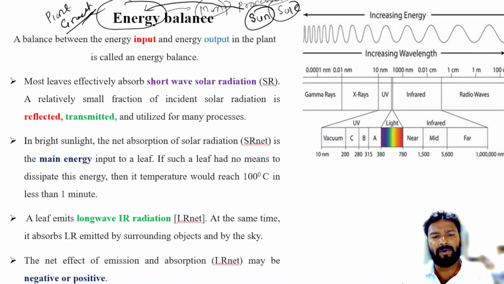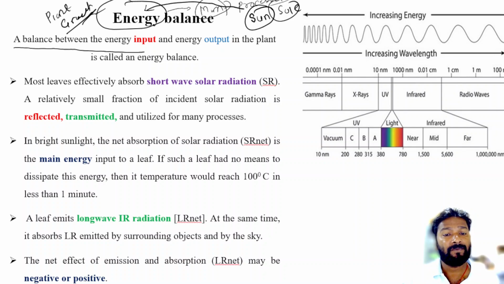So how can we define energy balance? This is a very simple definition: the balance between the energy inputs and energy outputs is called energy balance.